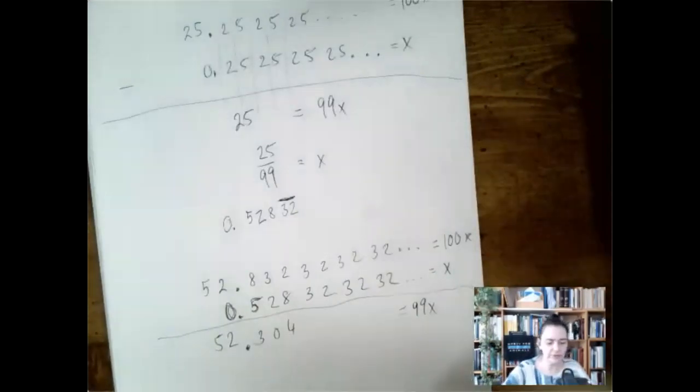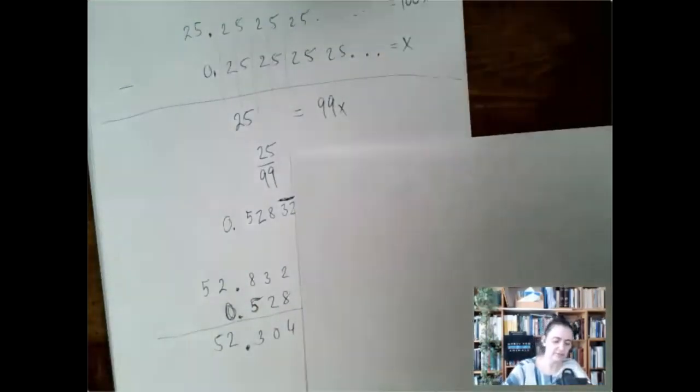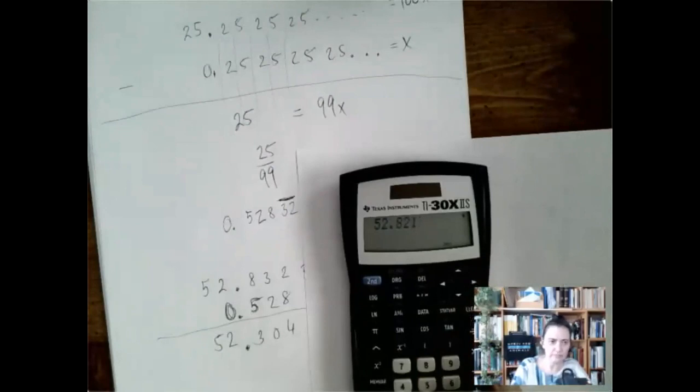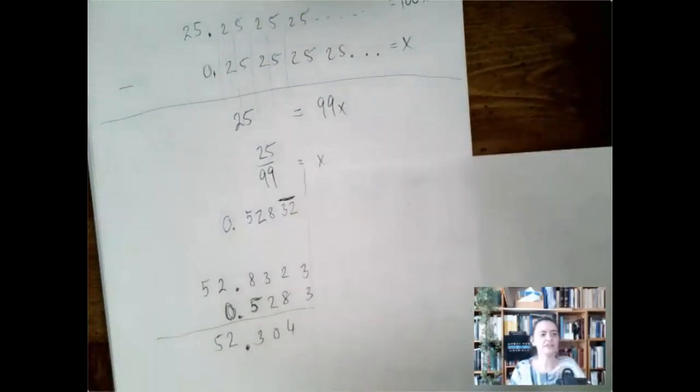But I'm going to do it just to be careful. 52.832 minus 0.528. All right, so we're good.